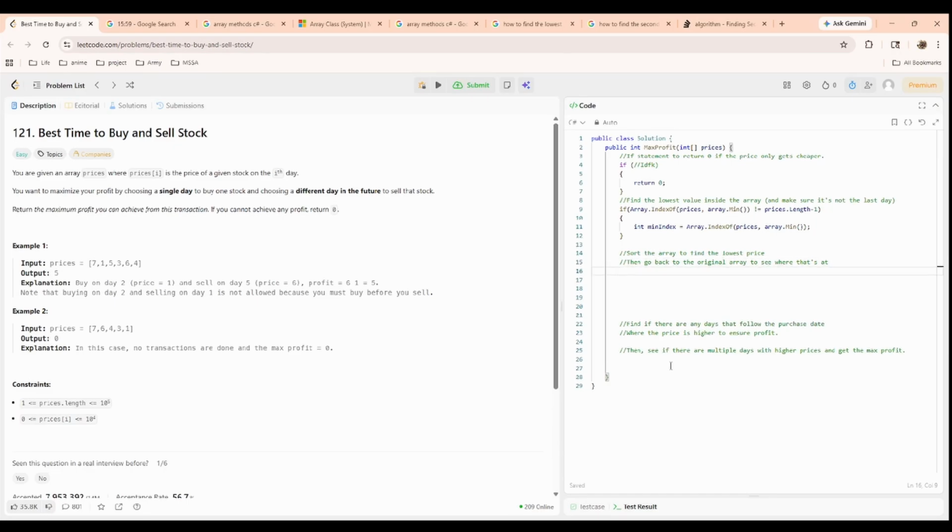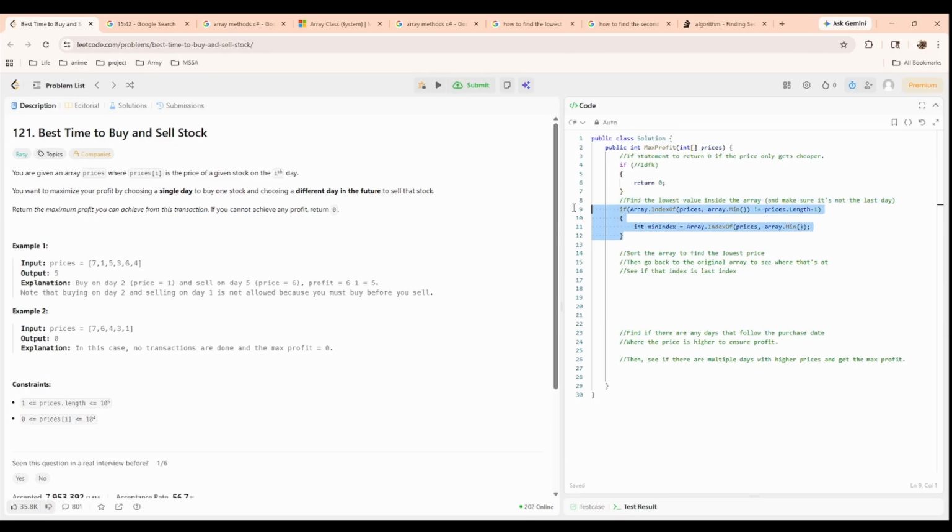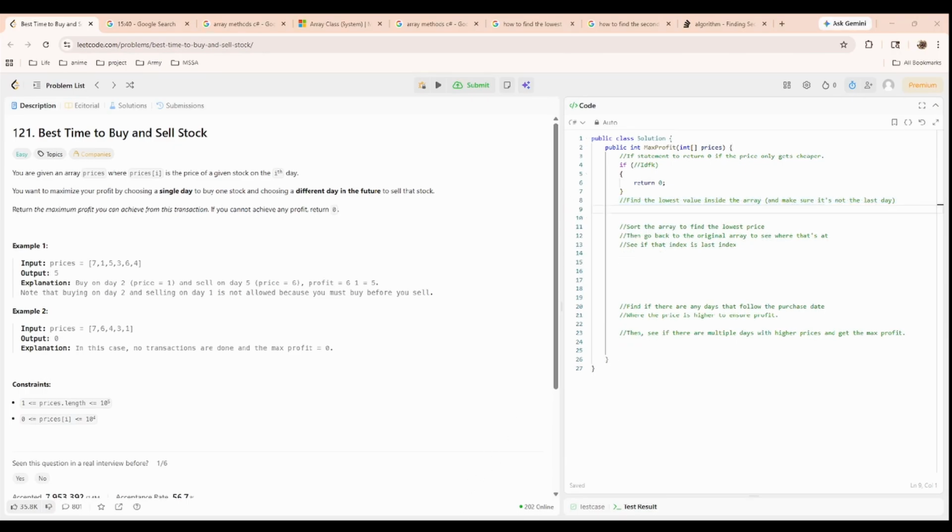See if that index is at the last index. Okay, I think I'm gonna try that. Let me move that over to my notepad for the time being.